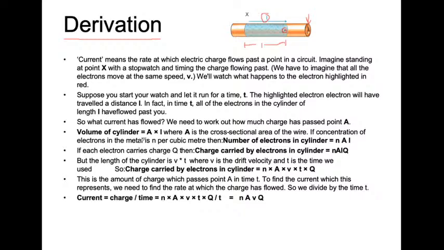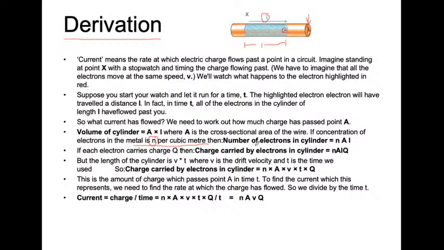And once we know the volume, we can multiply the volume by the number of electrons per cubic meter, right? That's our carrier density, or the density of electrons in this specific type of material. So this N value will be different depending on what conductor or material you're working with.